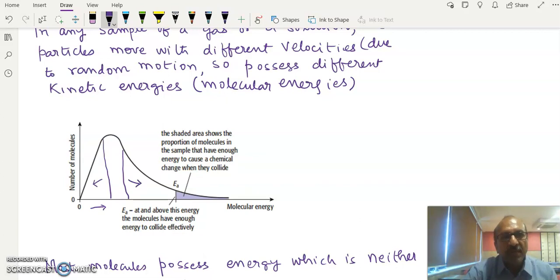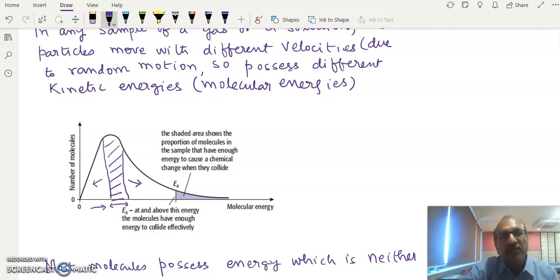Most of the molecules, the number of molecules is maximum in this range, so their energies are somewhere here, that is neither too high nor too low. So this is to be expected.